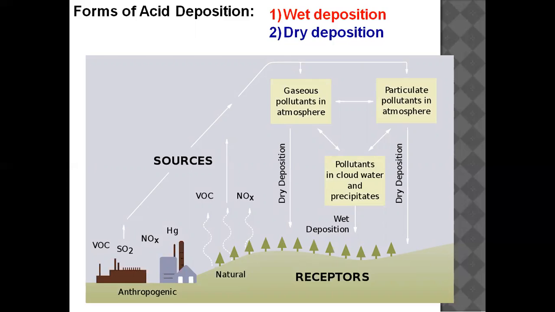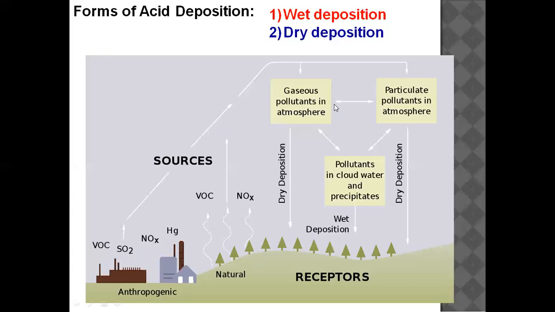In wet deposition, acidic materials fall from the atmosphere to the ground in wet form like rain, snow, fog, etc. Due to anthropogenic activities, sulfur dioxide and NOx are released into the atmosphere, and they remain as gaseous pollutants, and winds take them away hundreds of miles.